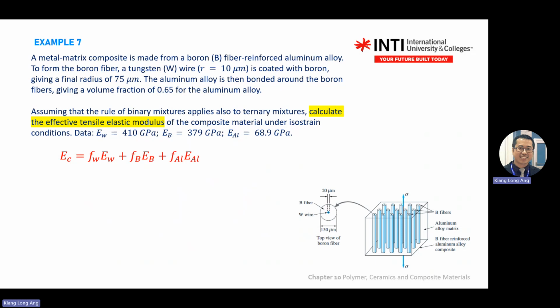You just need to add one more term. E_C equals fraction of W times E_W, and so on. And you know that W plus B equals 35%, because it gives you the aluminum matrix is 65%. So you know that W plus B is 35%. It's a hidden message here, a hidden info. So the fraction for aluminum is 65%.